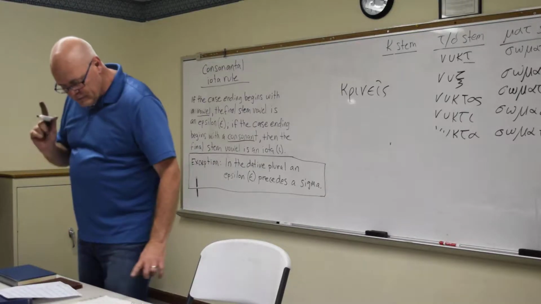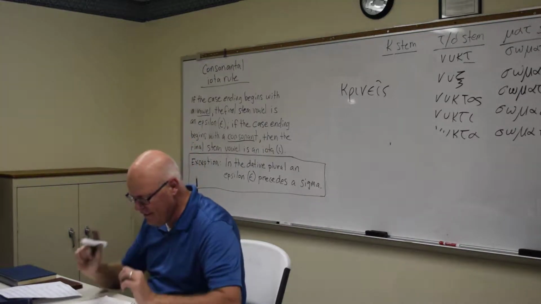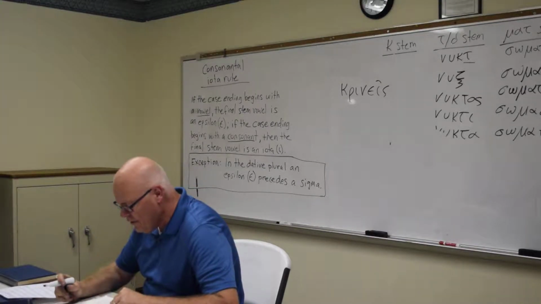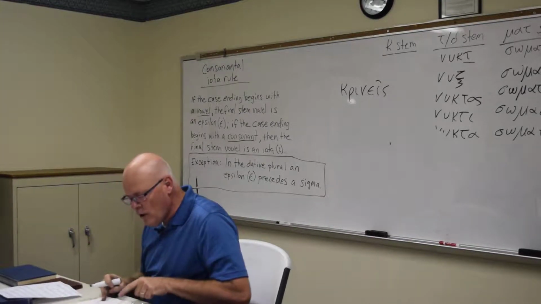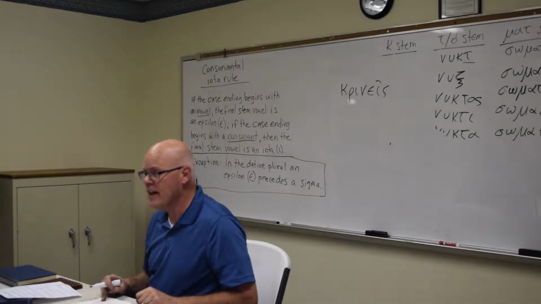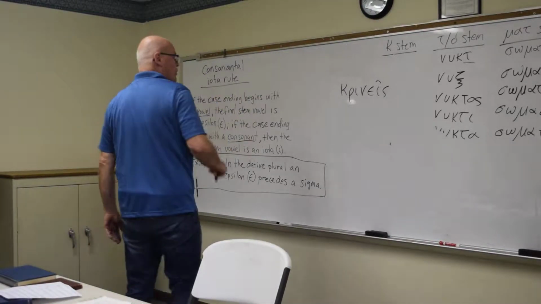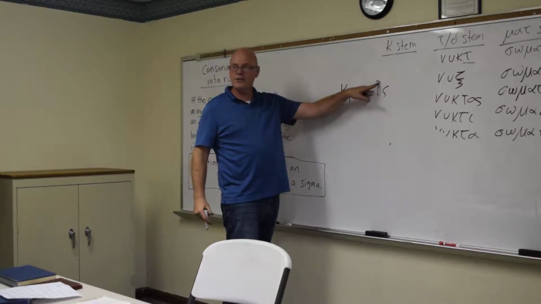Now here's a little cheat. If you look at every one of these forms, they all look exactly like the present tense, don't they? They're exactly identical to the present tense, except for this.